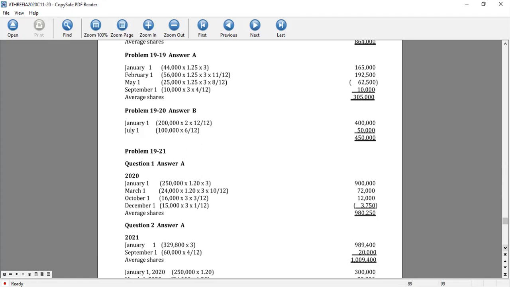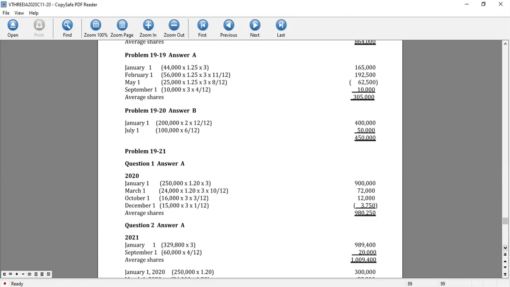On March 1, again the company sold 24,000 shares, still affected by the stock dividend and by the split up because the transaction occurred on March 1 and the share dividend was in July 1 and the split was in June 1. So on March 1, we have 24,000 shares times 1.2 times 3 times 10 over 12. That's counting from March 1 up to December 31.